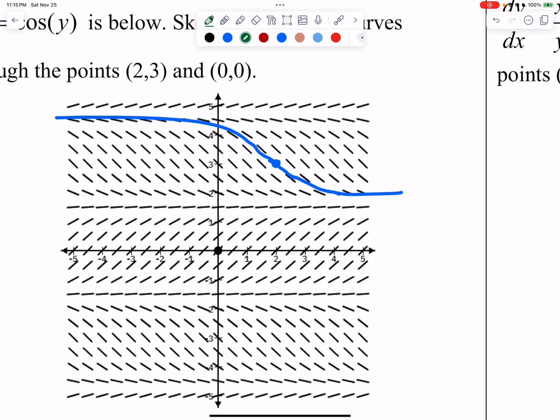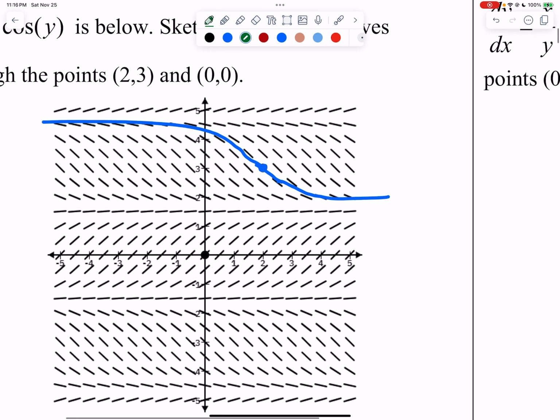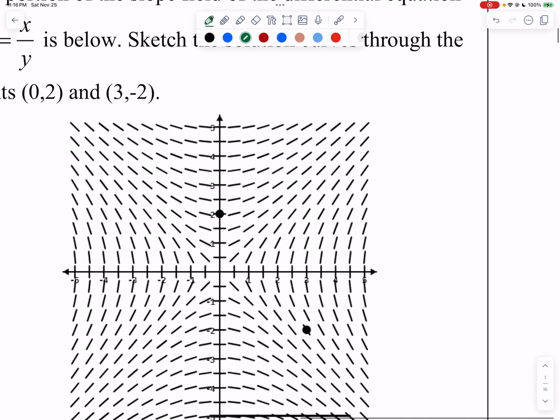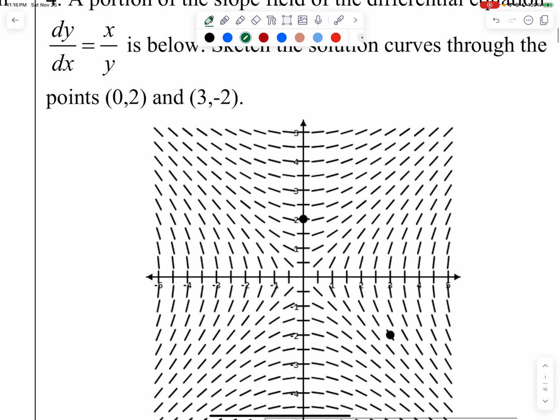Same thing with 0, 0. We are going to sketch a general curve at 0, 0. So it might look something like, let's say, this right here. So that is 0, 0. Same thing for 0, 2, and 3, negative 2. So if I have 0, 2 right here, I'm going to sketch my curve, making sure that it doesn't cross through my asymptotes.